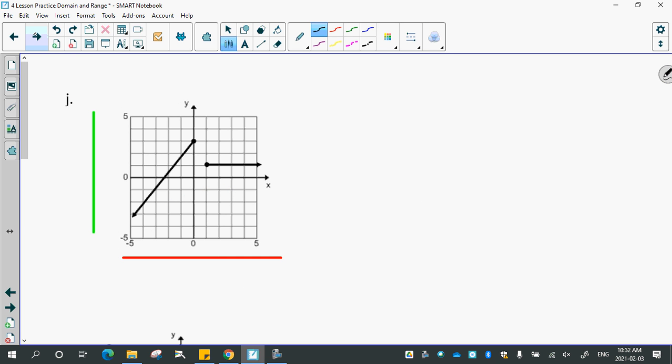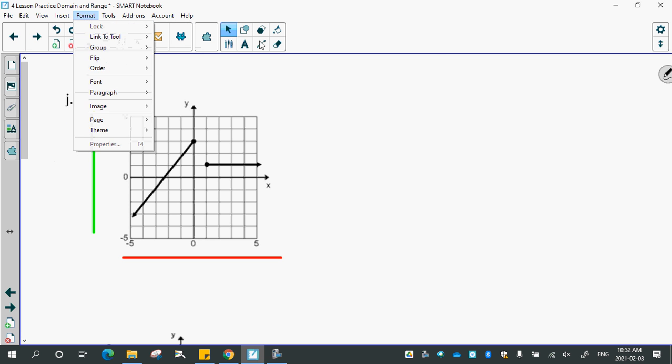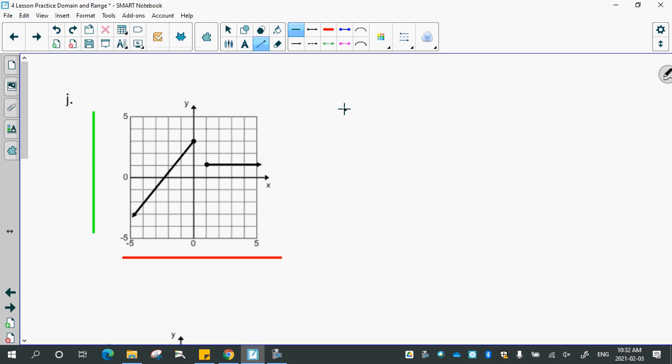Okay, this one I really want to be able to use the lines, so I'm going to have to make new lines if it won't let me use these ones. It won't, so insert line, and I want to make it green. Click on it. Look, it won't, it'll let me make it, but I can't use it.